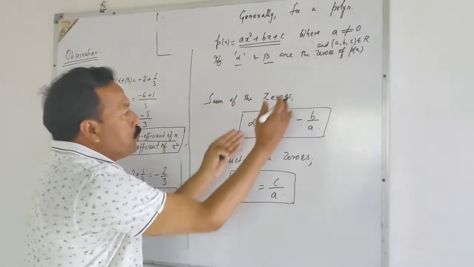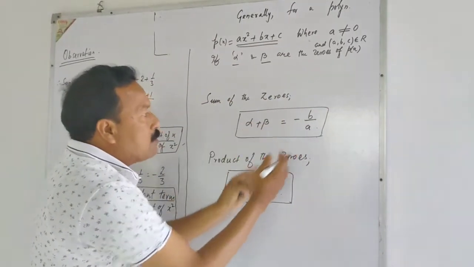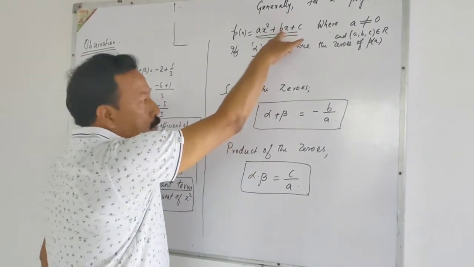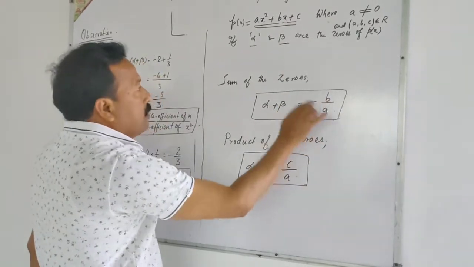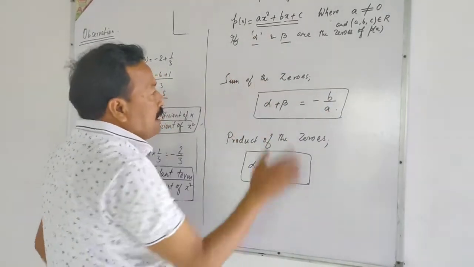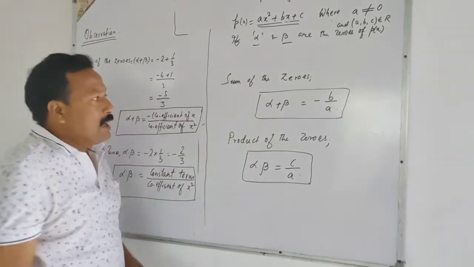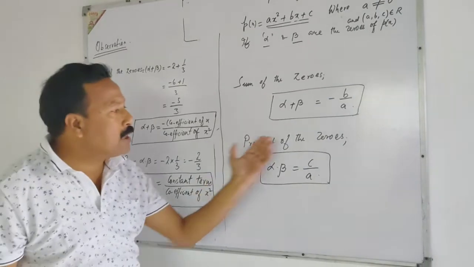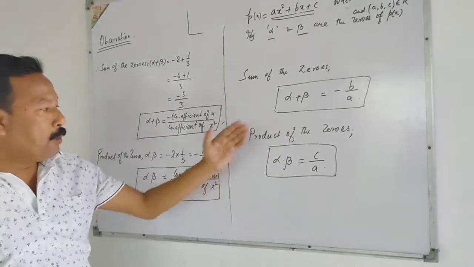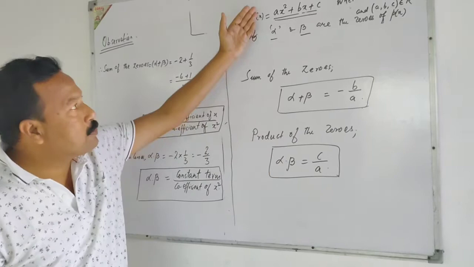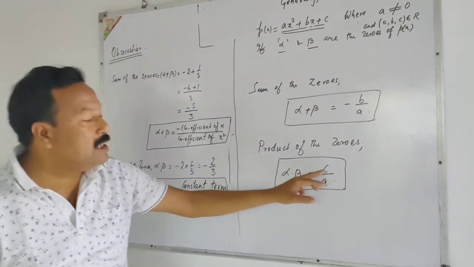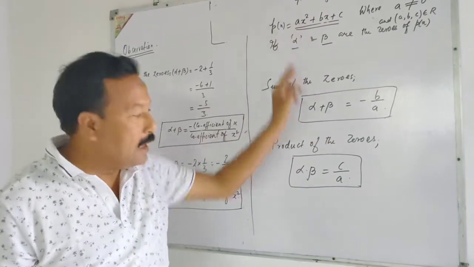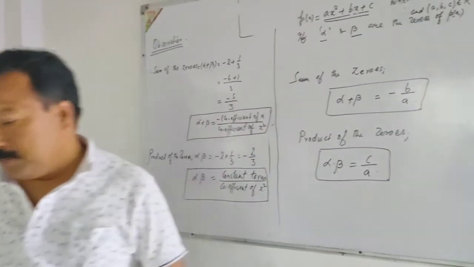The sum of the zeros, alpha plus beta, equals minus the coefficient of x divided by the coefficient of x square. For the standard form, alpha plus beta equals minus b upon a, and the product of the zeros of the polynomial ax square plus bx plus c is c upon a, where c is the constant term and a is the coefficient of x square. Clearly, okay.